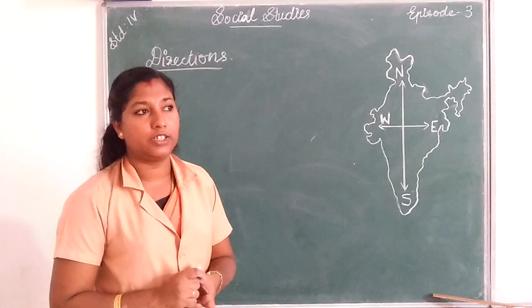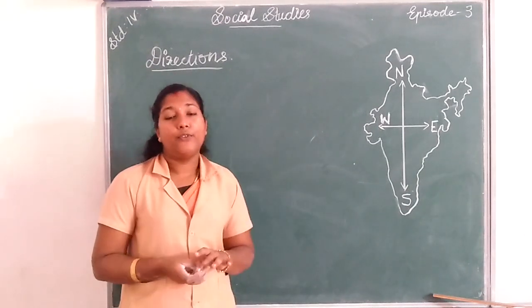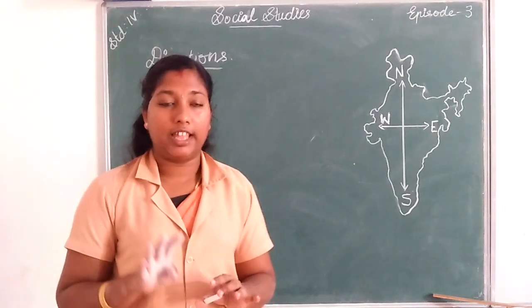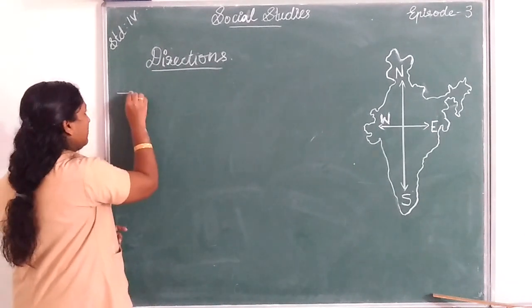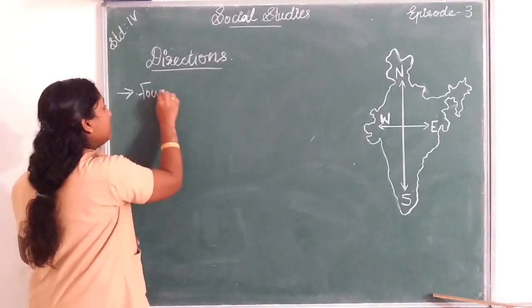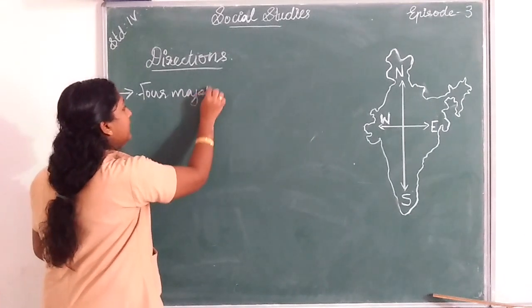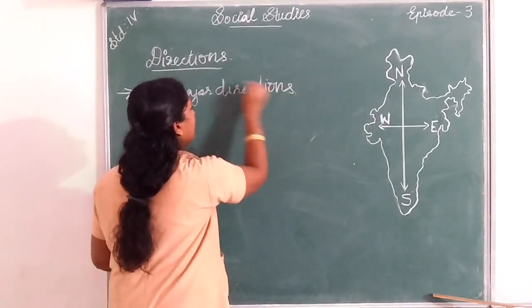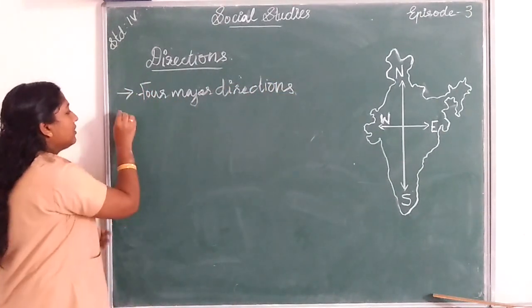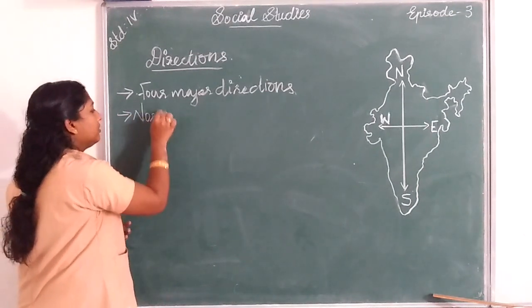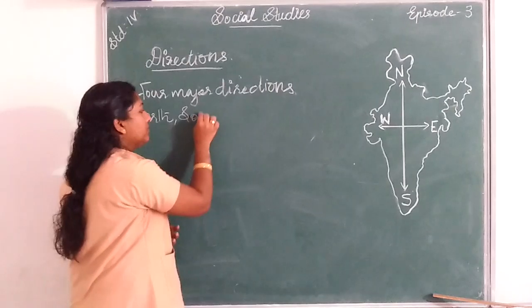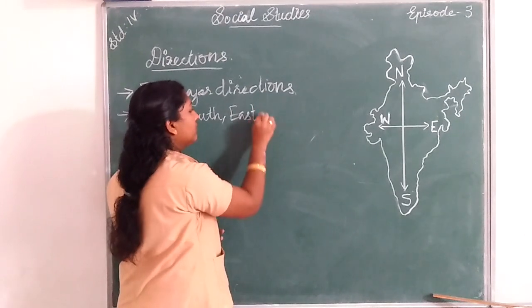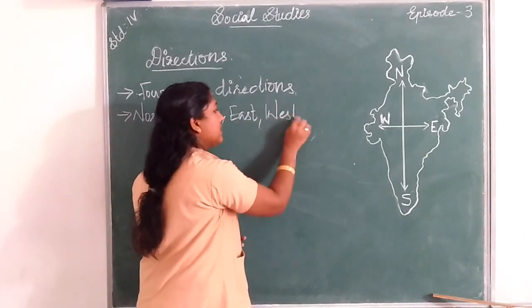There are four major directions. Which are they? North, south, east and west.